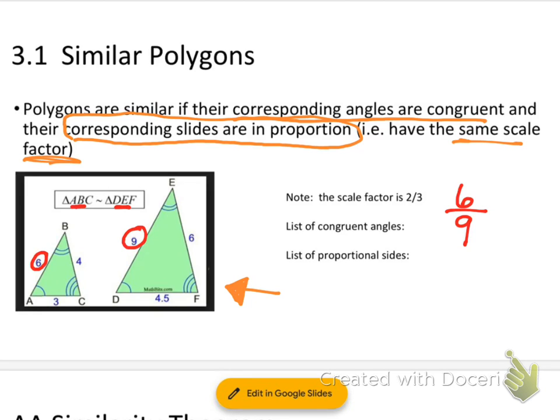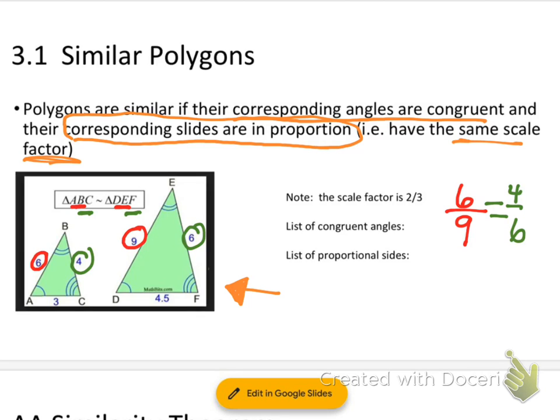Okay, so then let me change colors again. And BC will be in proportion to EF. So here's BC, here is EF. So 6/9 should have the same proportion as 4/6. And then we'll change color one last time.